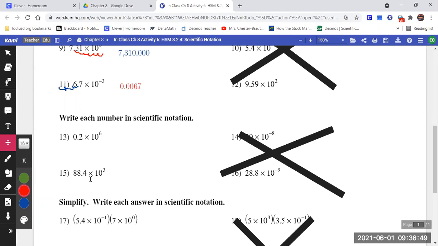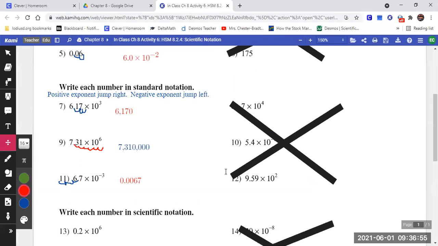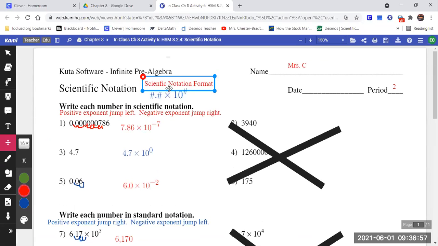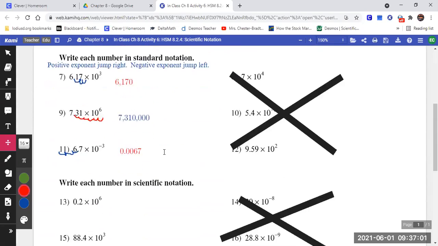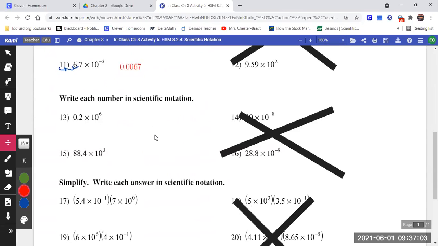Are these scientific notation just because they have 10 to this? Because what was our format? One number in front of the decimal point. Does 13 have a number in front of the decimal point? No. So it's not scientific notation, even though it says 10 to the. We have to fix that.